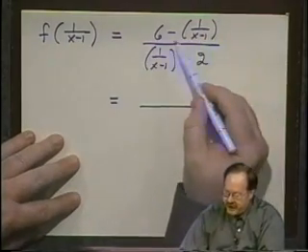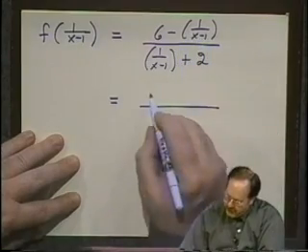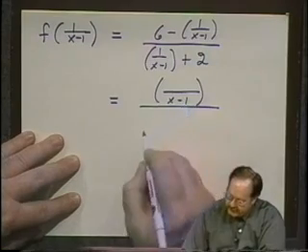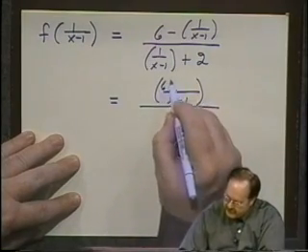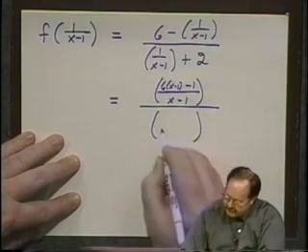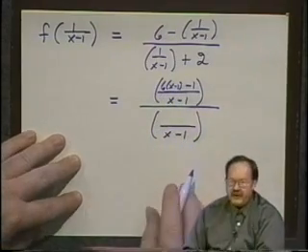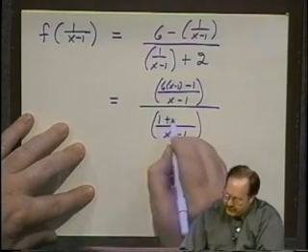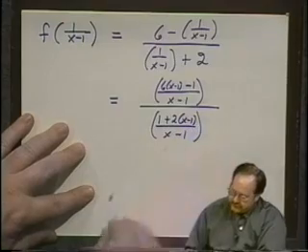X minus 1 is common to the top, so I will have a fraction on the top with x minus 1 in the denominator. I will have 6 times x minus 1 minus 1. And on the bottom, a similar fraction. This is not the only way to simplify this. This is just one way for practice. 1 plus 2 times x minus 1.